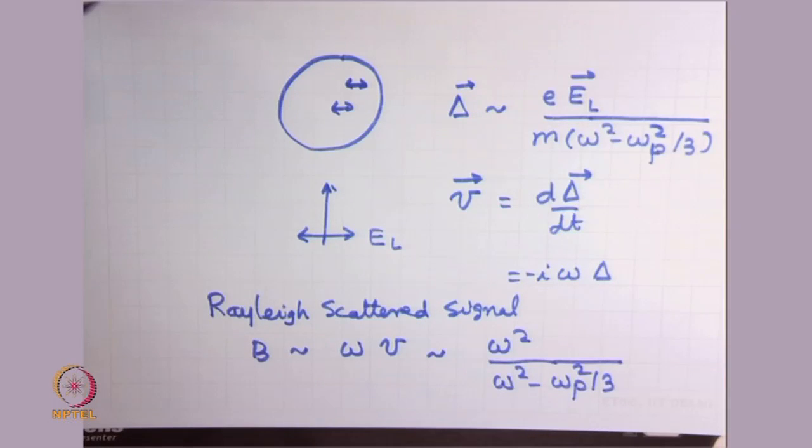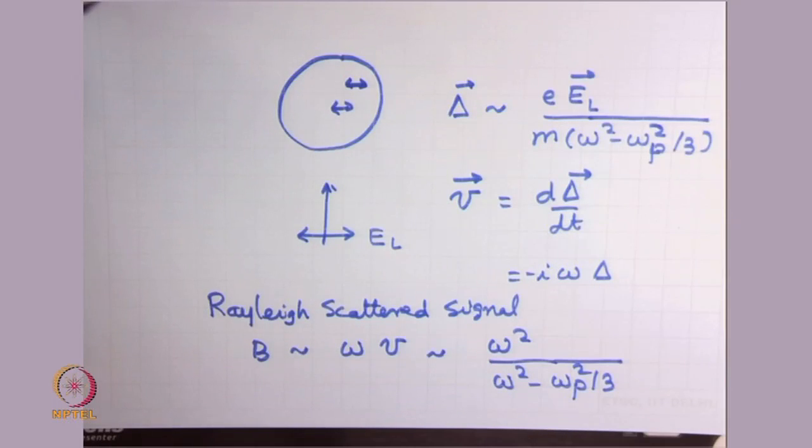So, people have seen in simulation and in experiments also orders of magnitude enhancement in Rayleigh scattering when omega is close to omega p square by 3. One thing must be noted: even if this resonance is not satisfied, what Manoj has seen is that if you have a high intensity laser, the cluster expands.